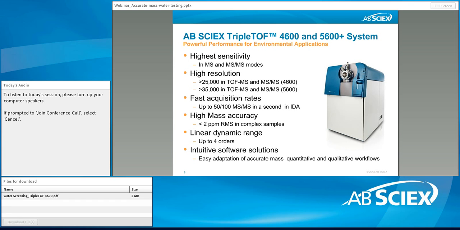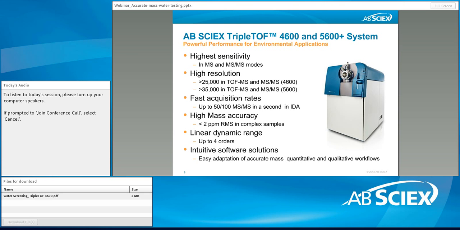It has a high resolution, all the way up to 25,000 or 35,000, depending if we talk about the 4600 or 5600. It can acquire MS spectra extremely fast, up to 50 or 100 MS spectra in a single second. For most environmental applications, we are probably fine with 20 or 10 hertz only, so we don't need the full acquisition speed of the instrument.